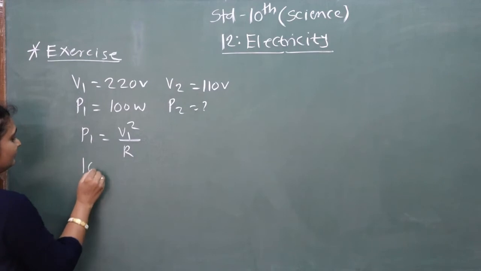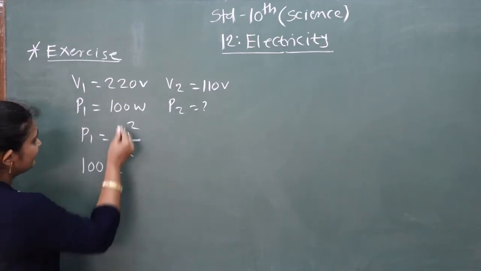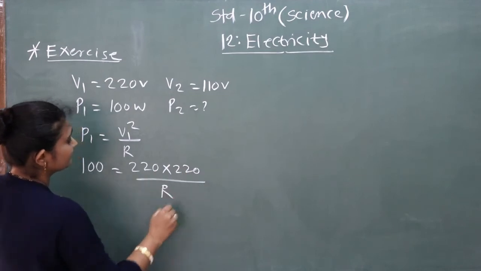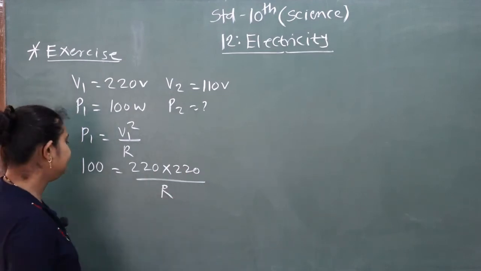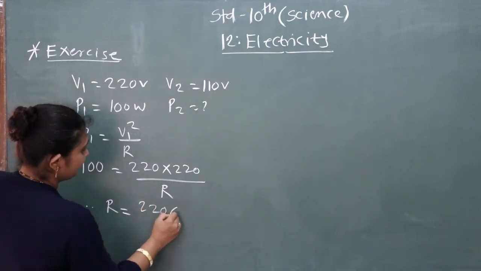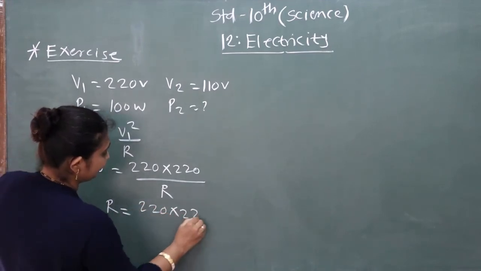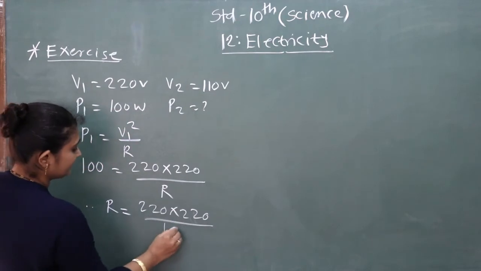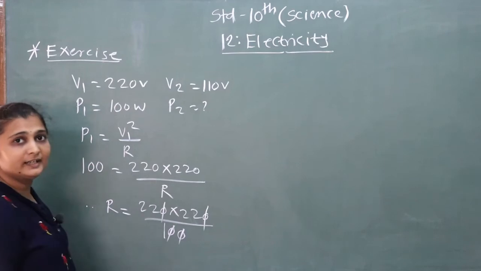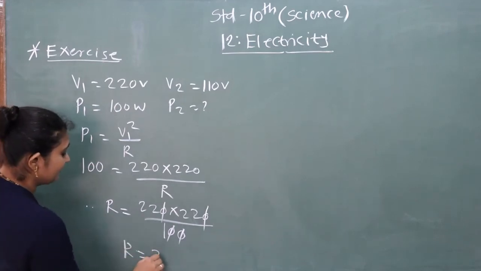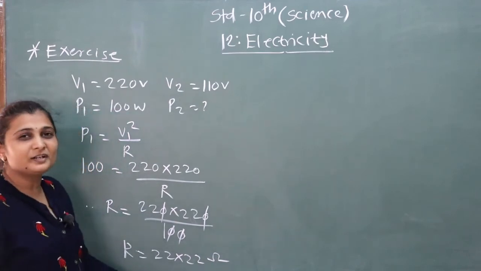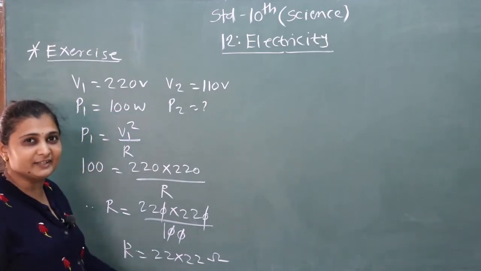P1 is equal to 100, V1 square 220 into 220 upon R. By solving this we get R is equal to 220 into 220 divided by 100, the zeros cut here, and we get R is equal to 22 into 22 ohm. It is not necessary to multiply this one.